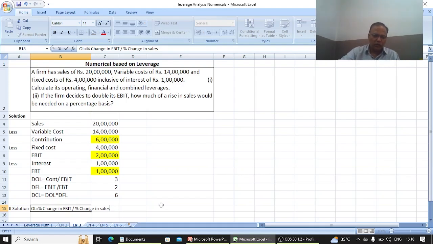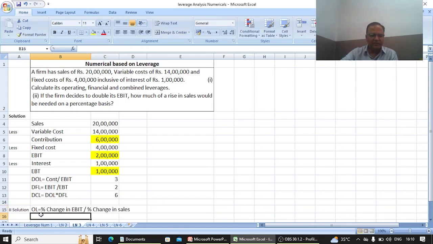So you have the value of operating leverage. Operating leverage is given here, 3 is equal to percentage change in EBIT.